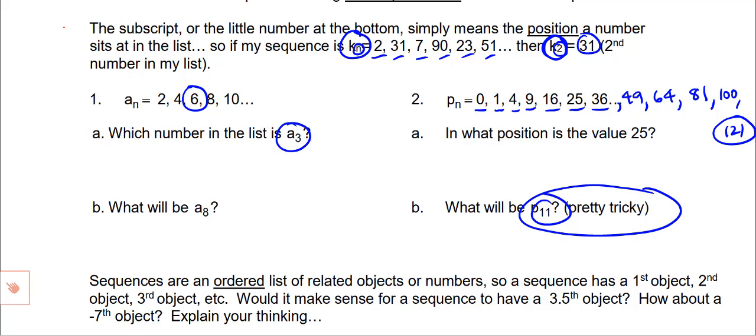Careful. First term, second term, third term, fourth term, 5, 6, 7, 8, 9, 10, 11. I wanted the 11th term. I want the 100.